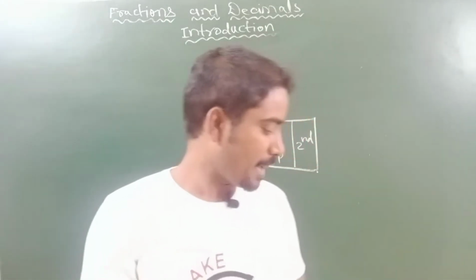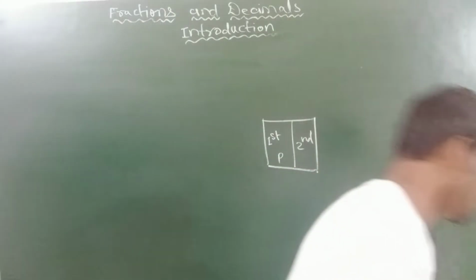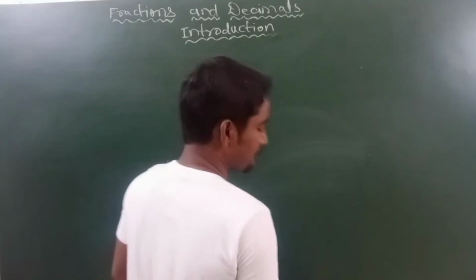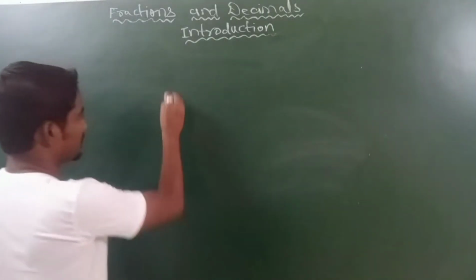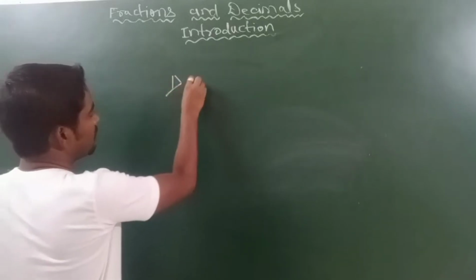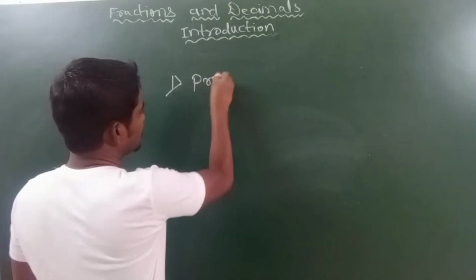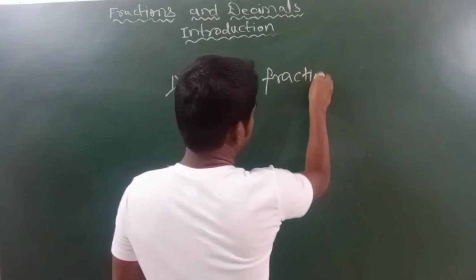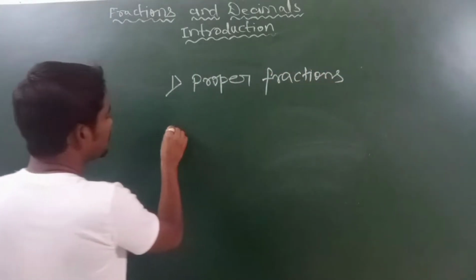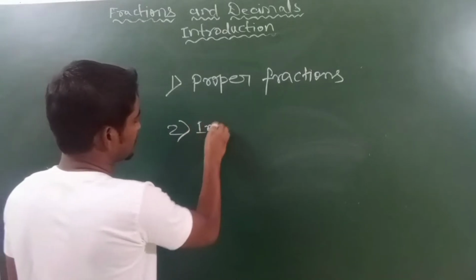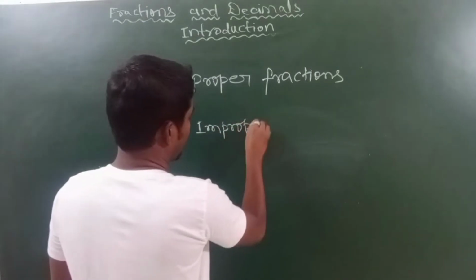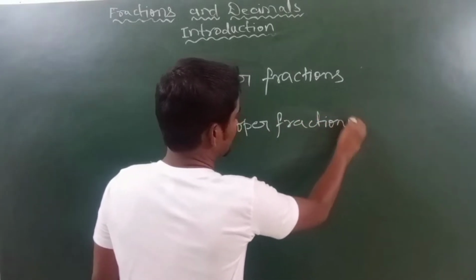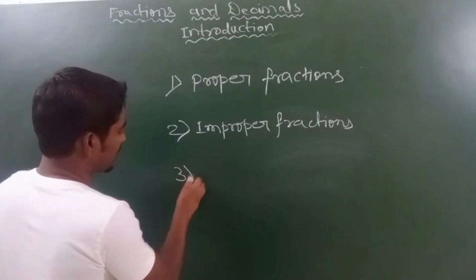Now we are having different types of fractions, students, like proper fractions, improper fractions, then mixed fractions. So we will see one by one each one of them. First, starting from proper fractions, then we will see improper fractions, then we will see mixed fractions.